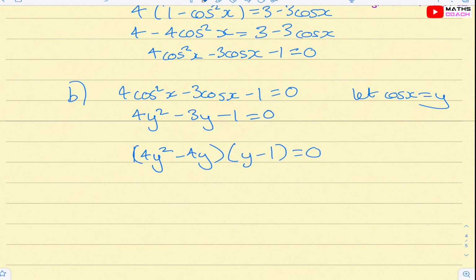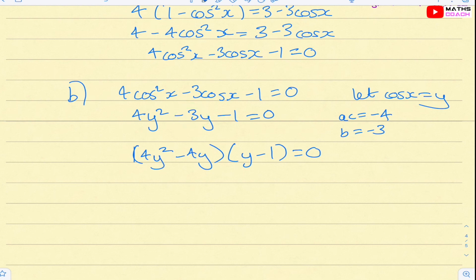So I'm just going to use the AC method. So AC method is two numbers that multiply to give you 4 times minus 1, which is minus 4, and add together to give me minus 3, which is here. So I end up with minus 4 and minus 1.